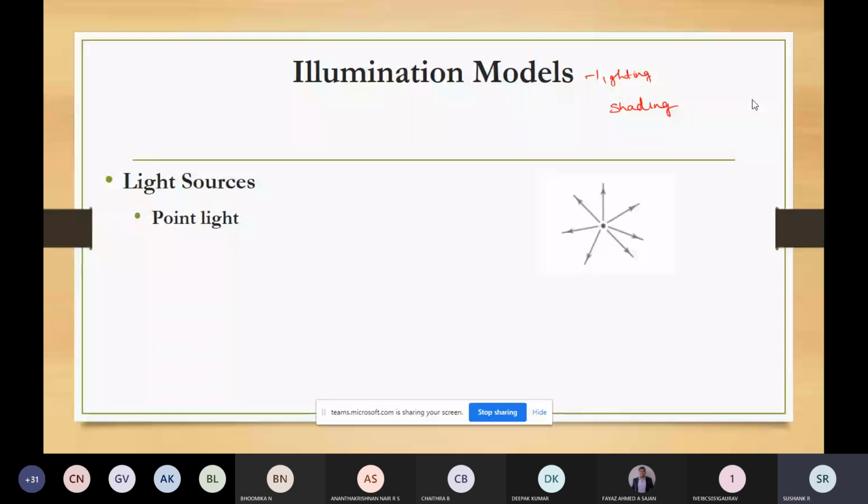This light source can be defined with many properties: where is the position of the light, what is the color of the light, in which direction it is emitting the light, and what is its shape. And if it has a reflective surface, what is its reflectivity.